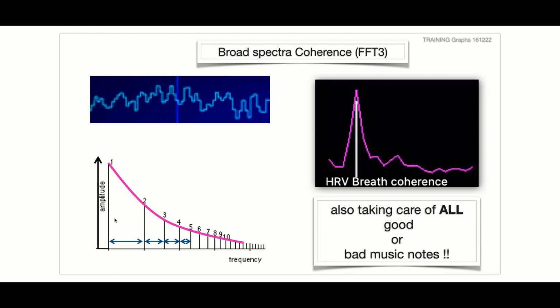And if you are breathing on your own low frequency wave, your own Mayer wave, it will be much more physiological, because you can have 5.2 cycles the first minute, 5.5 the second minute, 4.9 the next minute. But our app will analyze the relationship between all the peaks in the spectrum and will tell you if you're coherent or not.